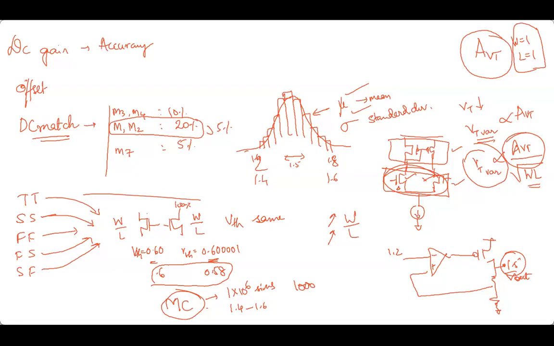It is the worst case variation that you can see. Monte Carlo randomizes the parameters used for the simulations. Every device has some parameters associated with it, and these parameters are randomly varied. And with the randomly varied parameters, what is the output that you get?